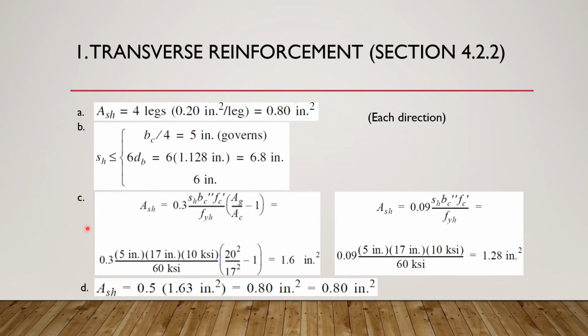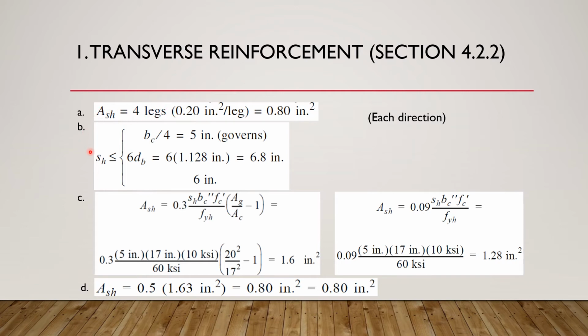The first check is the transverse reinforcement required for its good performance in the structure, as we saw in the first slide in the earthquake. So we find the area of the stirrups.